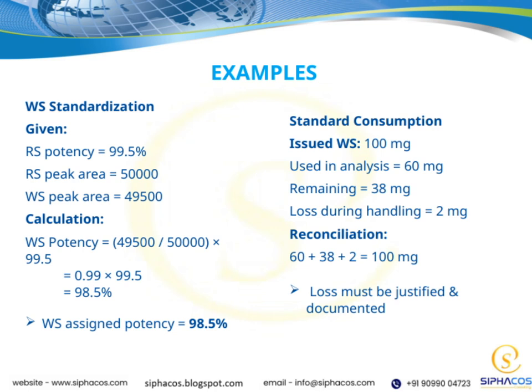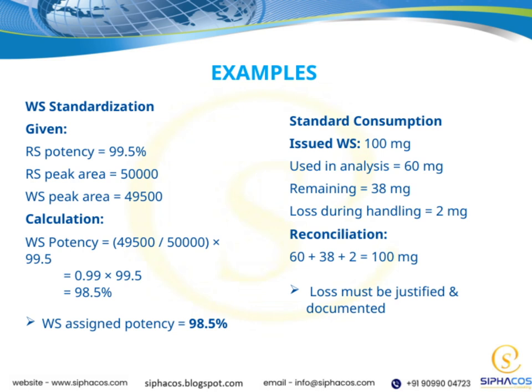Now, moving on to WS standardization, we are given the RS potency at 99.5% and the peak areas for RS and WS. The RS peak area is 50,000, and the WS peak area is 49,500. To calculate the WS potency, we use the ratio of the peak areas multiplied by the RS potency.